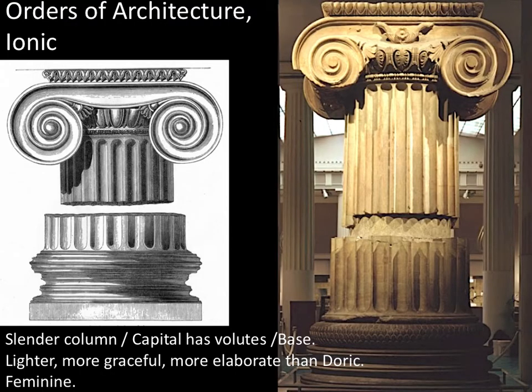But then when we look at the Ionic order, we see that decorative capital that has these spirals, these volutes that form that beautiful spiral. Okay, and these are also on more slender columns, so it tends to have a lighter, more graceful, more feminine look than the solid, chunky look of the Doric order.